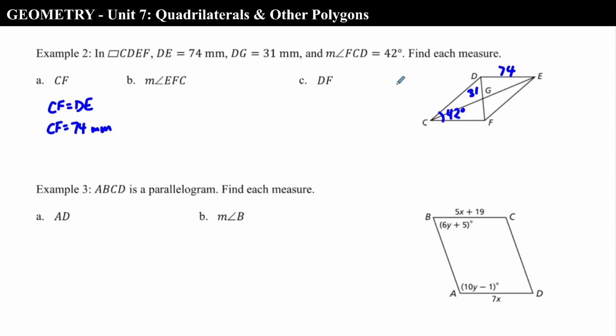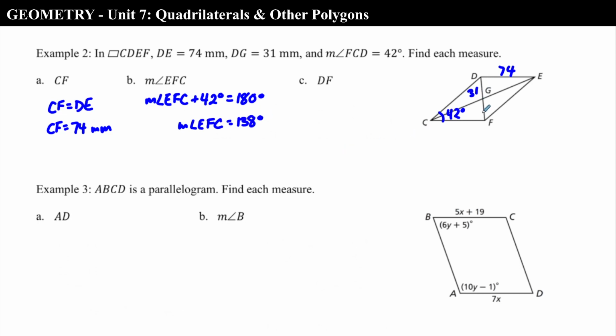Now the measure of EFC, that would be this angle right here. Well, we know that consecutive angles in a parallelogram add to 180. So the measure of angle EFC plus the measure of angle FCD, which is 42 degrees, has to equal 180. And if we subtract 42 from each side, we get that the measure of EFC is going to be 138 degrees.